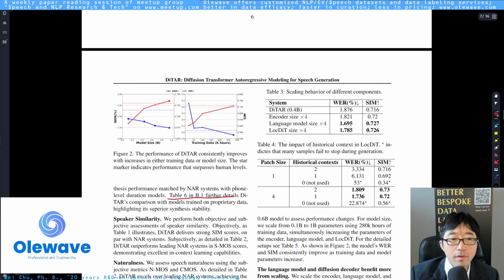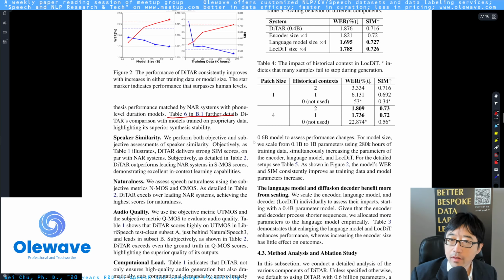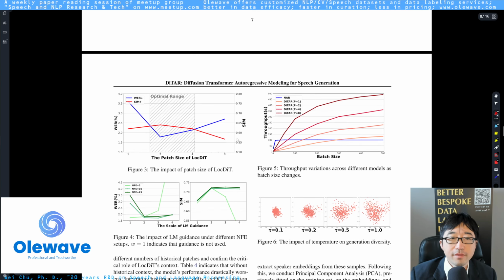what the next Figure 2 is about: the performance of DiTAR consistently improved with either training data or model size, which is common sense, I think. Yeah, I want to mention their interesting finding. They have a sweet spot in terms of the patch size.